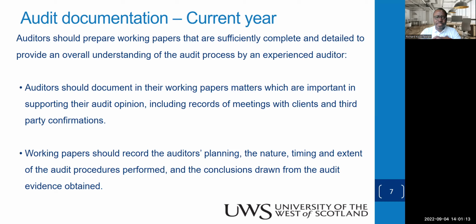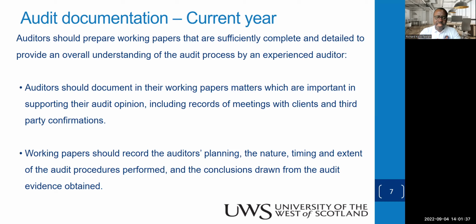So auditors should document in their working papers what is important. We cannot document everything, else we'll be writing theses during the audit phase. So those significant items, those important records of meetings with the clients, those significant third-party confirmations which underpin your conclusions, document them.